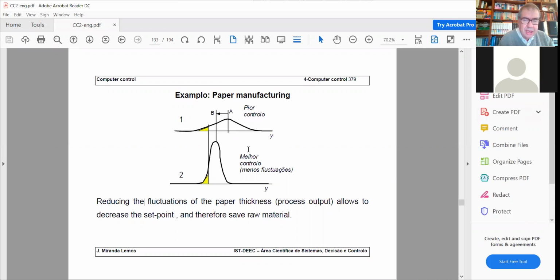Okay, so quality is associated to uniformity in production. Think about the car industry. In the car industry, the different parts of a car, for instance, the door and the chassis, should be in agreement, their dimensions.